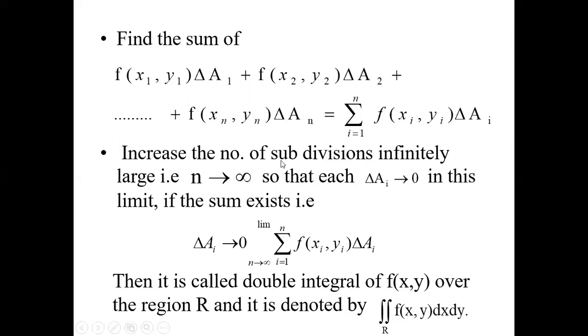Now increase the number of subdivisions infinitely, that is, as n tends to infinity, so that delta Ai tends to 0.